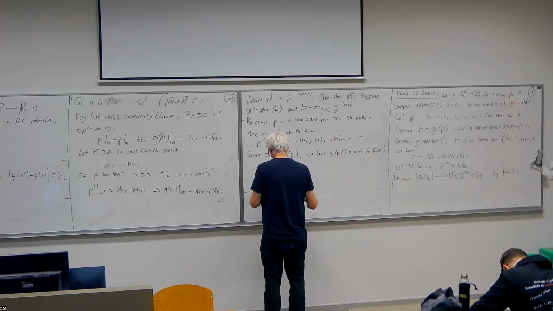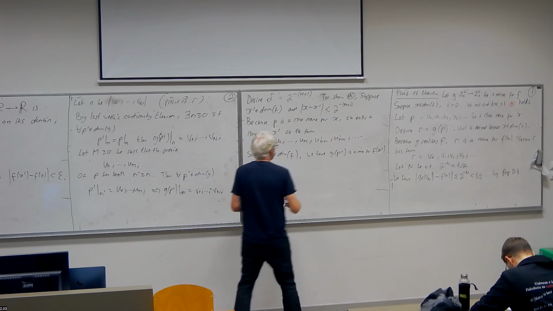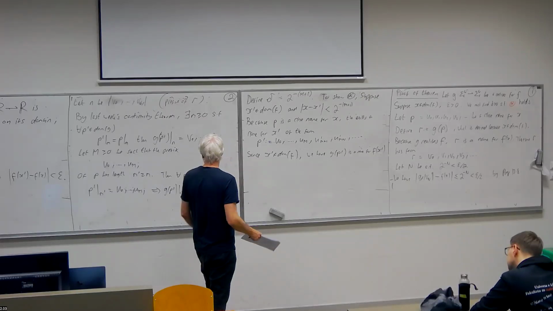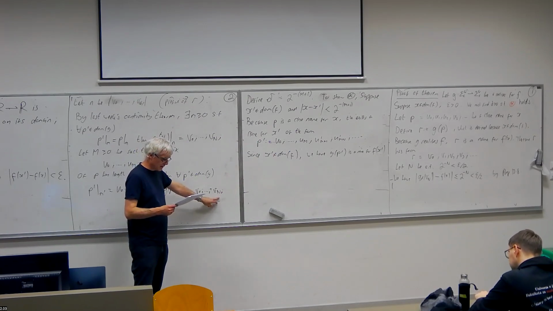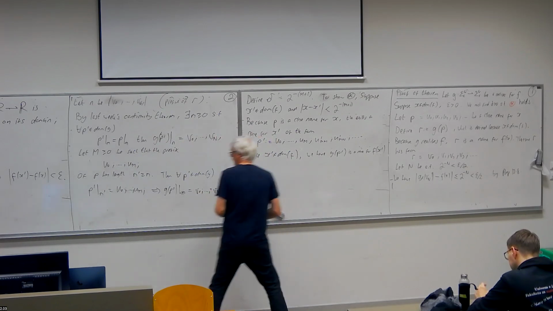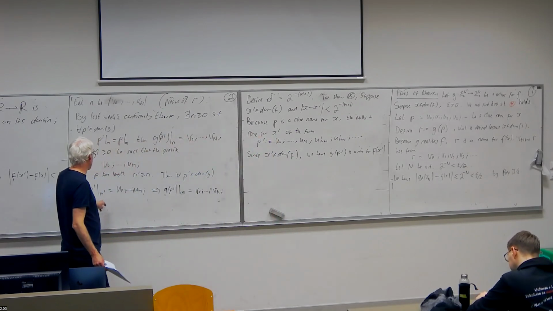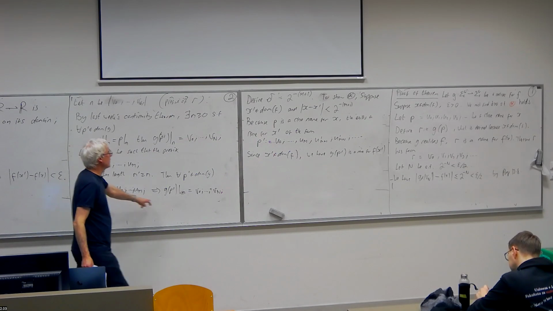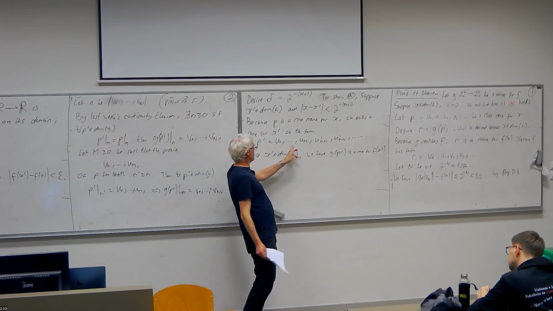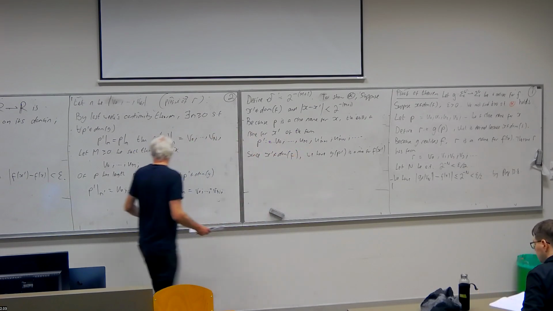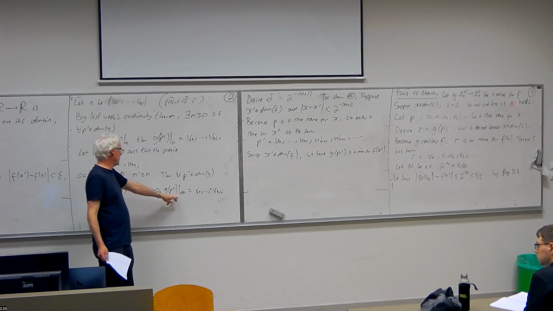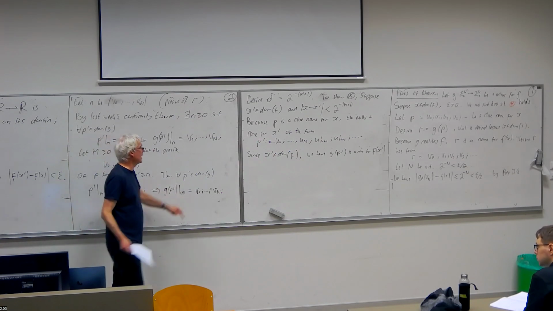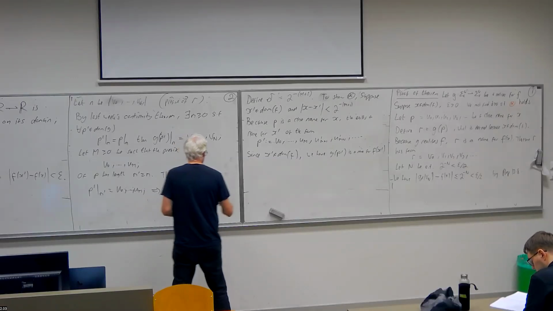And moreover, because p prime has the u0 to u capital N prefix, p prime restricted to n prime looks like this, and therefore by this implication, g of p prime restricted to n. So let's call this star star.